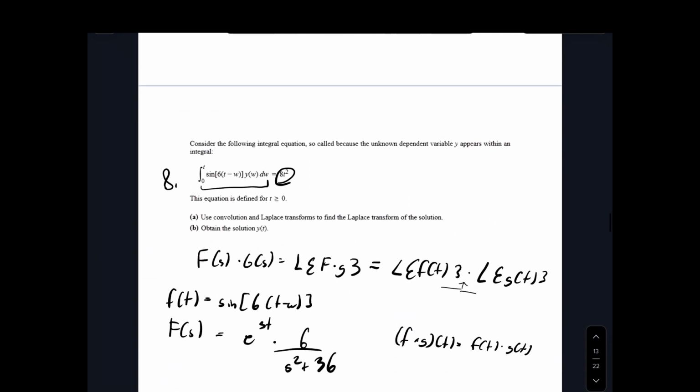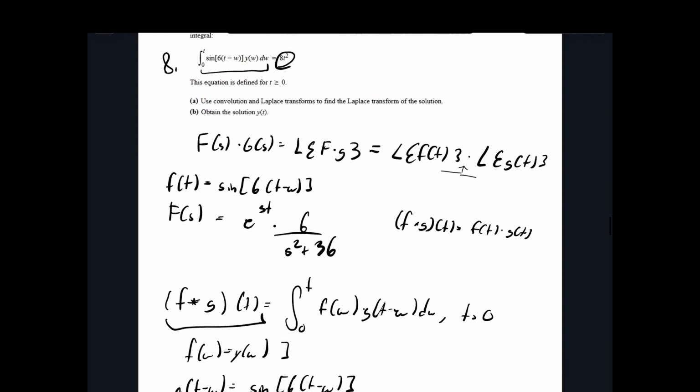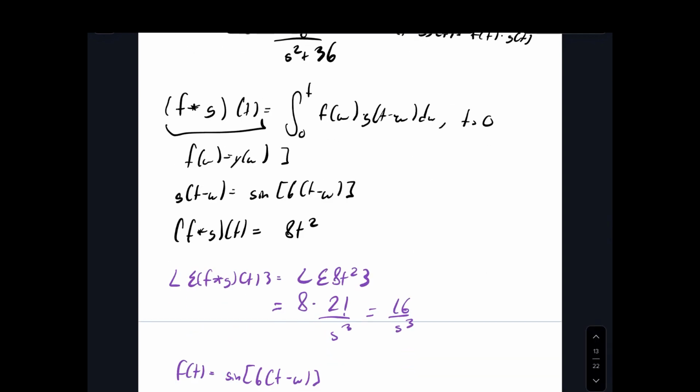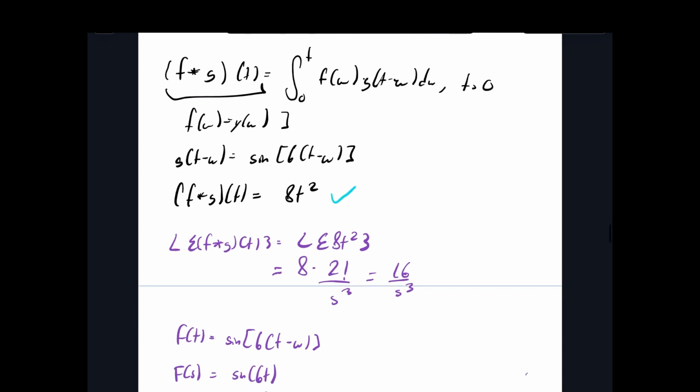And I could say the y at w, we don't know y at w in this case, but I have my f at w equals y at w, and my g at t minus w equals sine of 6 times t minus w, and my f at g, like I wrote it down right here, is that.